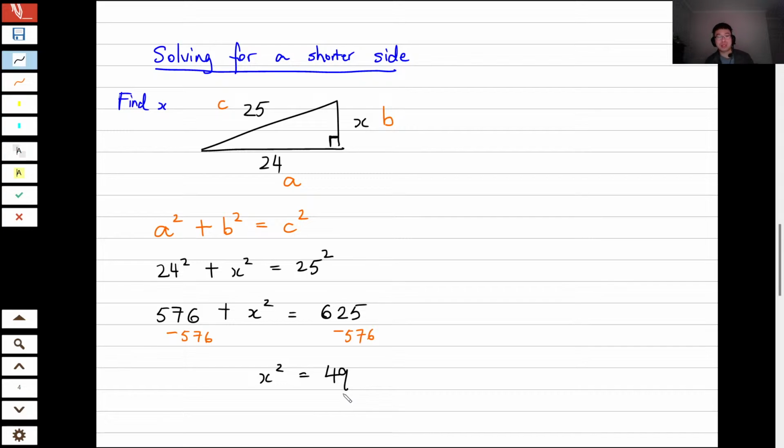So I'm really close. I want to be able to write down x equals some number. So, what was the step? To go from x squared to x, I had to do something to both sides of the equation. And that step was to take the square root of both sides.